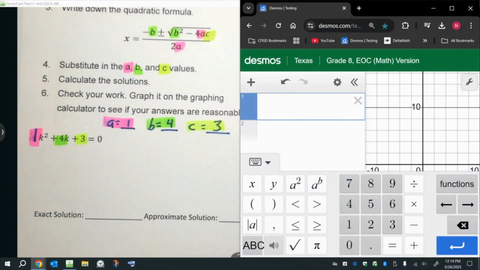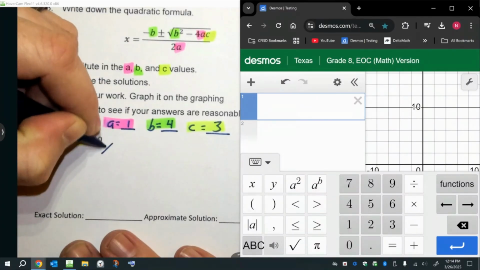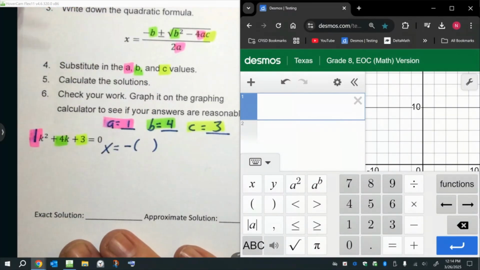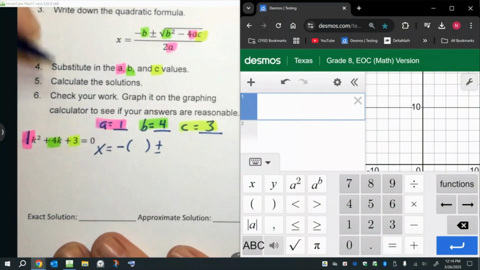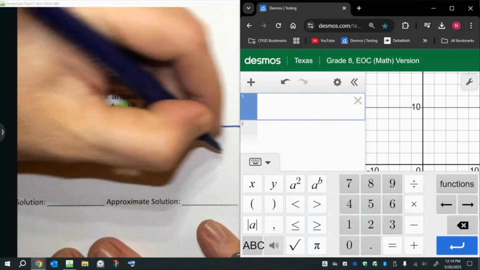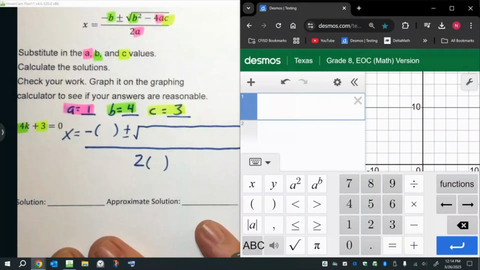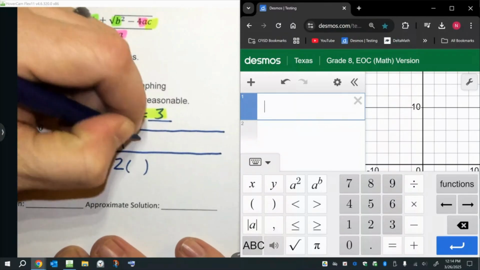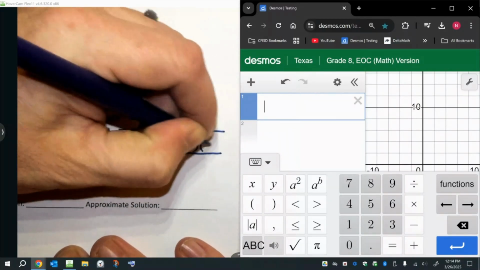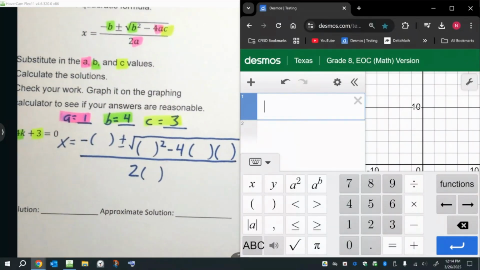Okay, so I'm going to plug into my formula and then we're going to actually solve this thing today. So it goes like this: x equals negative B, plus or minus, then we have our little square root thingy. We're going to put all of that over 2A. What goes inside? That's B squared minus 4AC. Okay, so now we're ready to plug our numbers in.